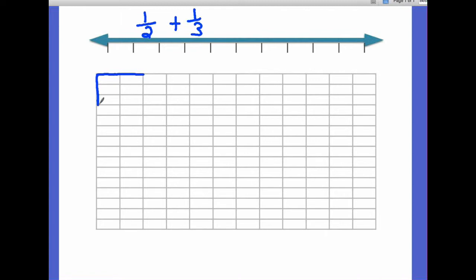1, 2, 3. Now I'm going to do that twice because I have 2 numbers in my problem. Over 2, down 3.